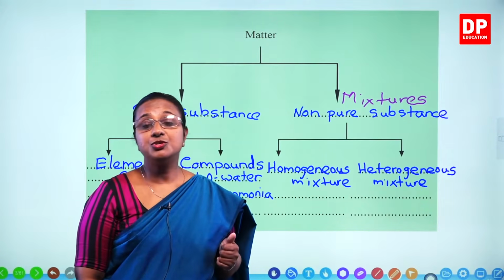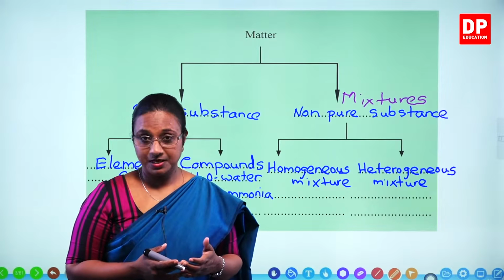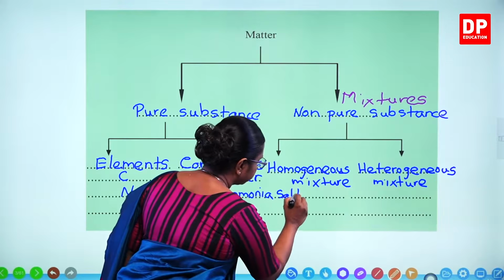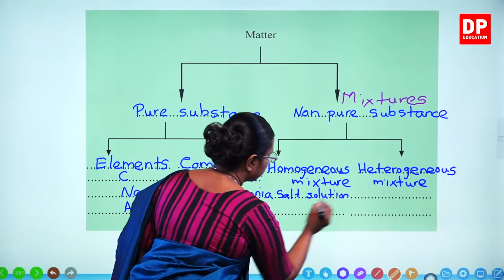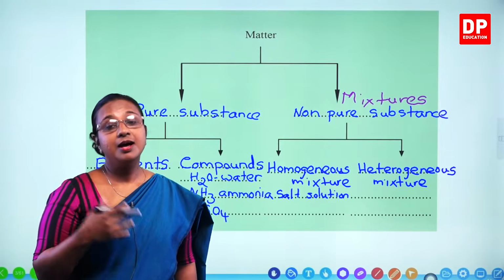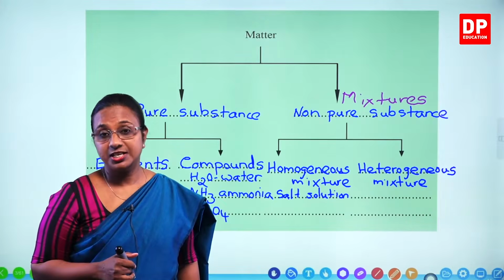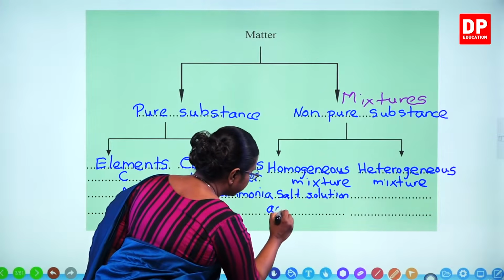The salt solution that we use at home is a homogeneous mixture. So, salt solution. Or if you take the lab, a hydrochloric acid solution, that is a homogeneous mixture. So, I'll just say acid solutions.